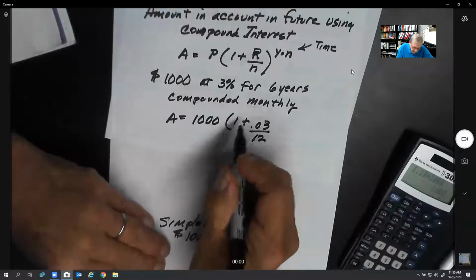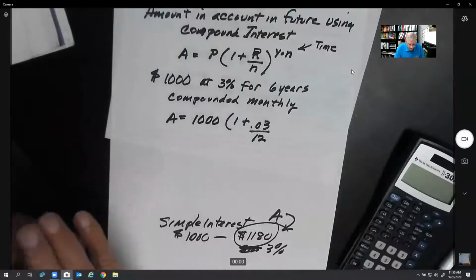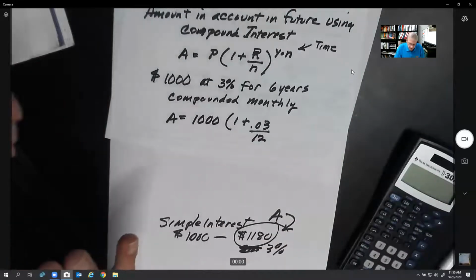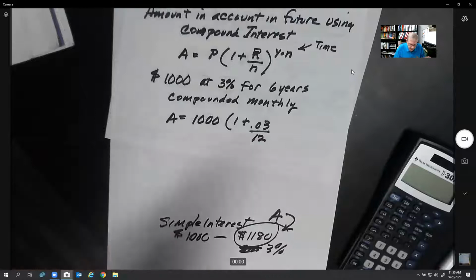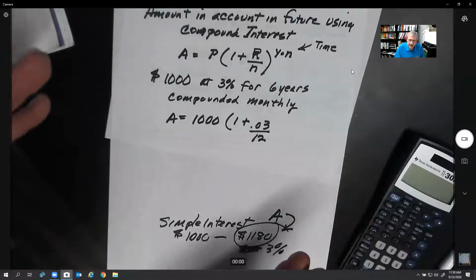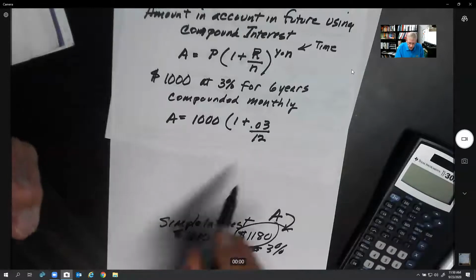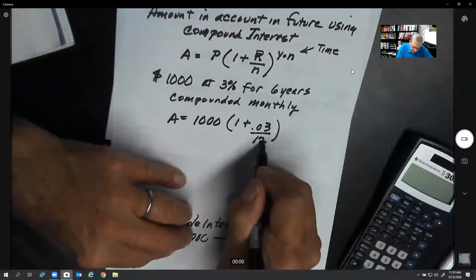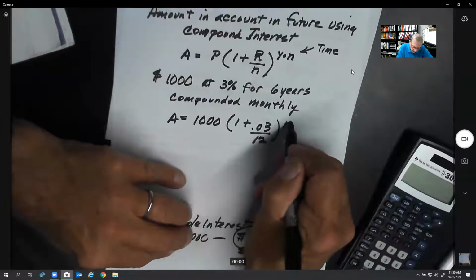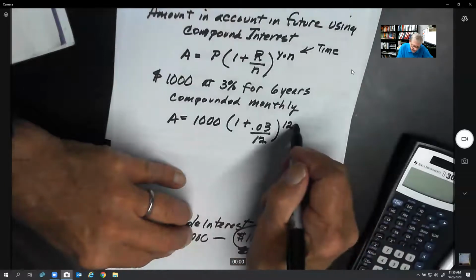Could be, if they say quarterly, that means 4 times, 4 quarters in a year. Every 3 months, you put 3. That would be quarterly. Semi-annually would be 2. Annual would be 1. So we put this number down. Now we're going to take that same number we wrote down here and then multiply it by the number of years, 6.